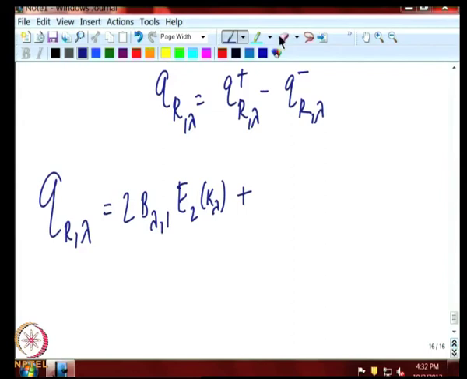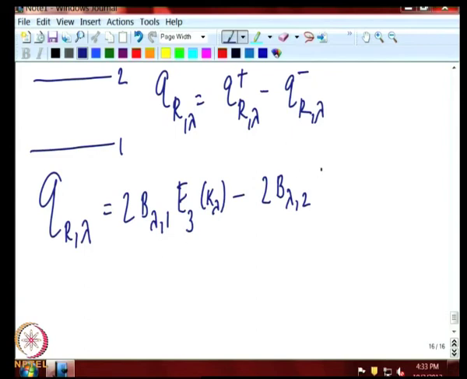This has to be E3 and then we will put a negative term here, which is 2 B2 lambda, the bottom surface, this is top surface. So, let us put this as 1 and this as 2. So, the radiation from the below goes up, radiation from above comes down.